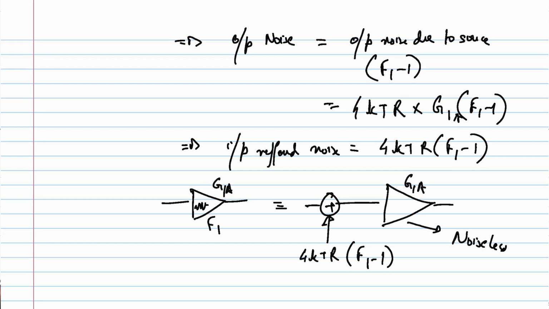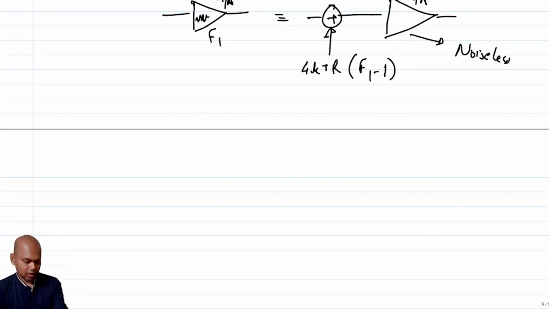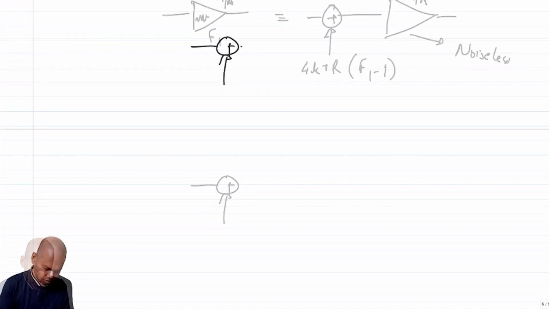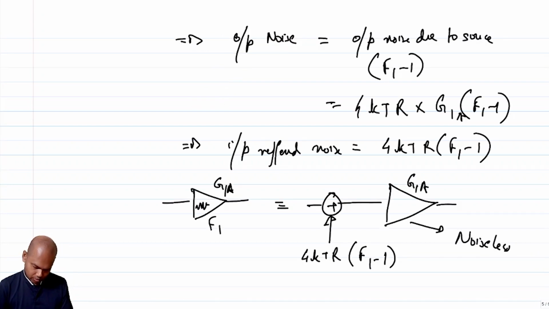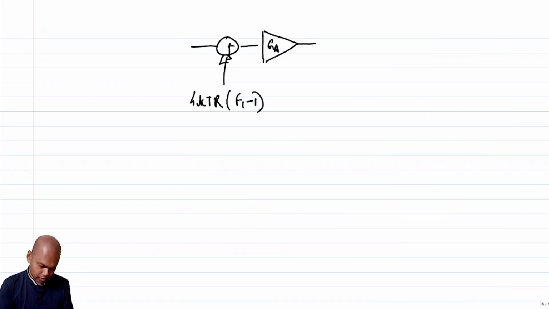Now what are we going to do? We are going to use the same model for another amplifier which has been put in cascade. If I put everything together, let's say this is the first amplifier having an available power gain of GA and noise figure of F1, which means that I can add here the added noise, 4 KTR times F1 minus 1, and I have another block which has a gain of GA2 and noise figure of F2, and I'm assuming all the interfaces are matched.